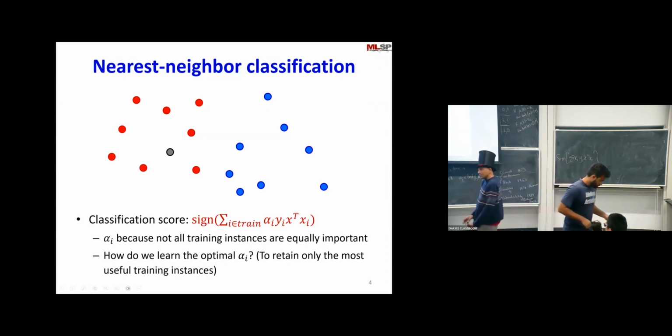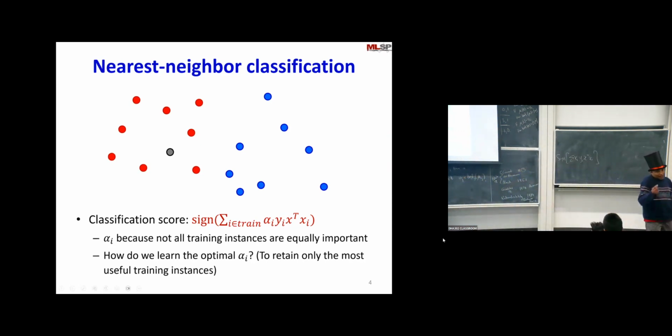So how do I decide which training instances are important? What would a standard approach to doing this be? I can just define an optimization function, correct? And I can minimize my optimization function. What would my optimization function be?